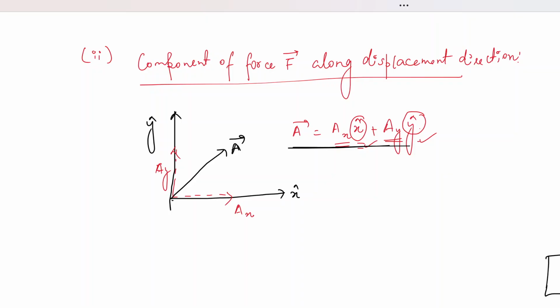In this case, the force vector is the main vector, right? Because the question asks us about the component of the force vector. And then you take its dot product with the unit vector related to the direction that is being asked. In this case, they are asking about the direction of displacement D, so the unit vector that you take as the second term is your D cap, obviously.